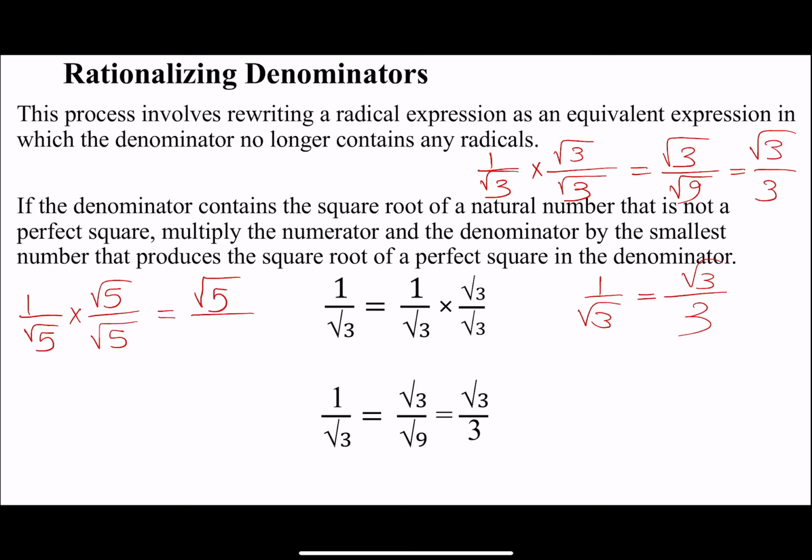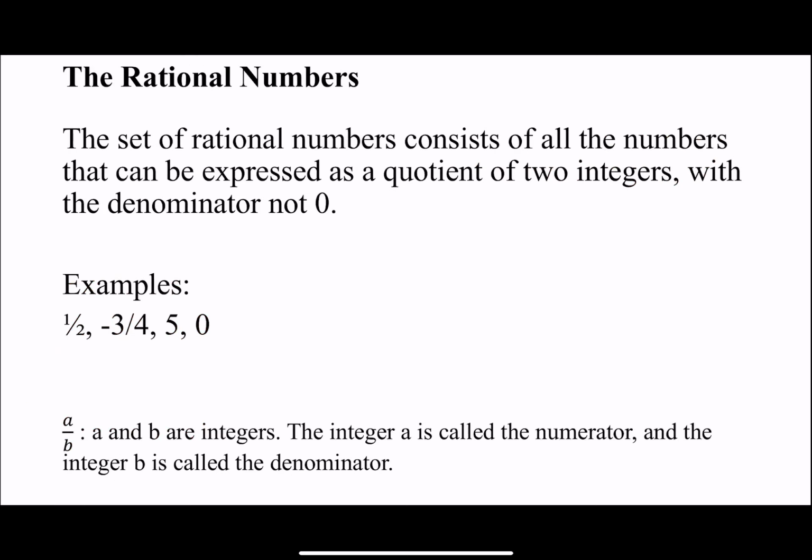In the denominator, the square root of 5 times the square root of 5 is the square root of 25, which is 5. So 1 over the square root of 5 is equal to the square root of 5 over 5. You got rid of the square root in the denominator.